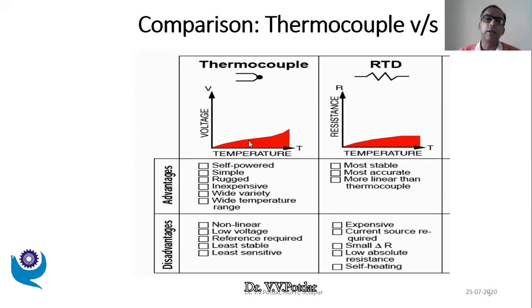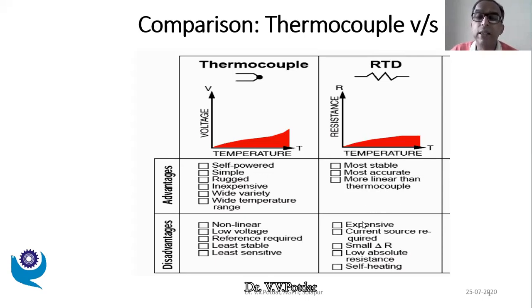Thereafter, it becomes non-linear, non-proportional. No harm as such in being non-linear, but we require an external linearizing circuit. Signal conditioning devices would be required, which will linearize this output voltage. So RTDs are more linear than thermocouples.